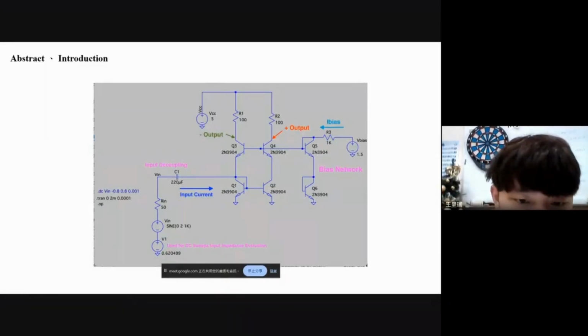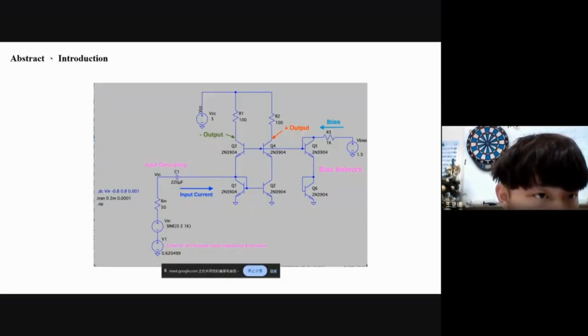And then how it works. C1 serves as a decoupling capacitor which allows the potential at the Q1 base to vary from the basic VBE with the Q1 diode connection.